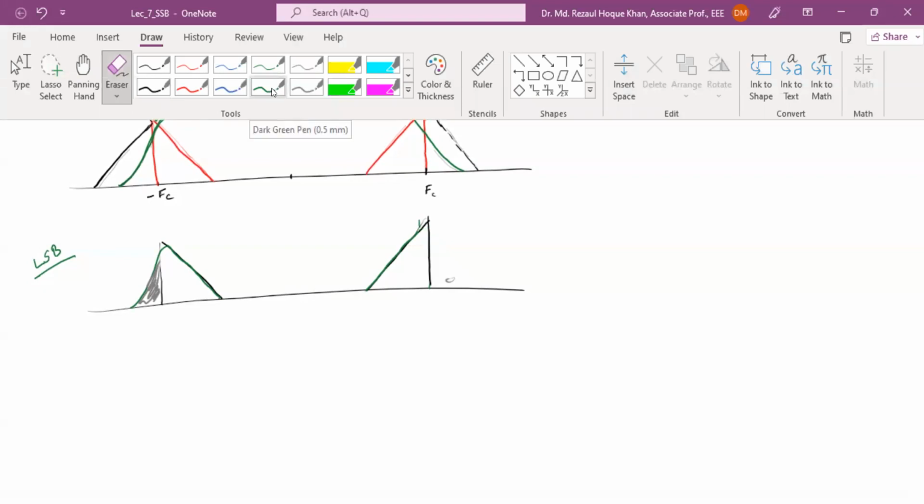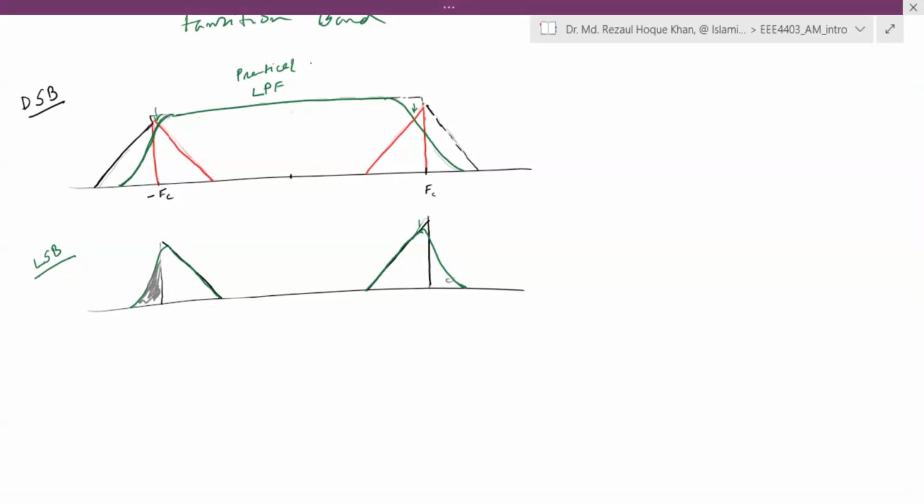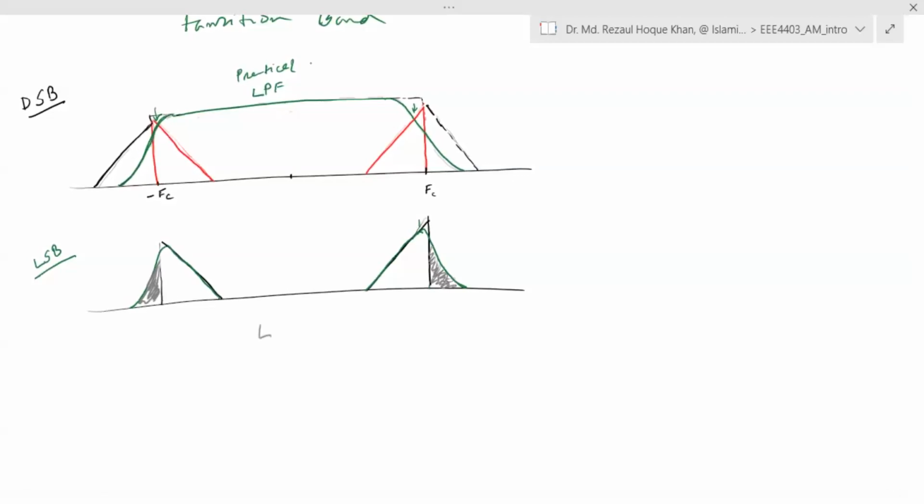So it will look like this. Something like that. So this portion is similar. After the practical filter, this is supposed to be our LSB.